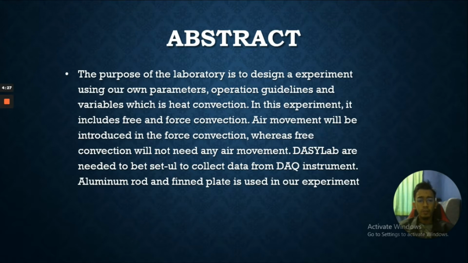Air movement will be introduced in the forced convection, whereas free convection will not need any air movement. In the Z lab, we need to set up to collect data from the instrument. An aluminium rod and finite plate are used in our experiment.